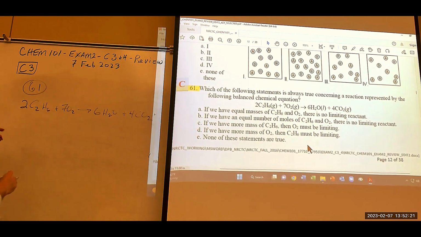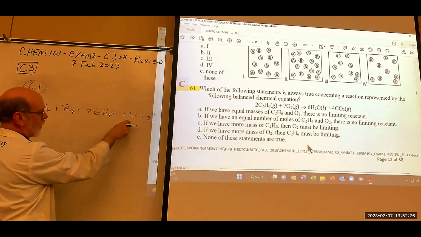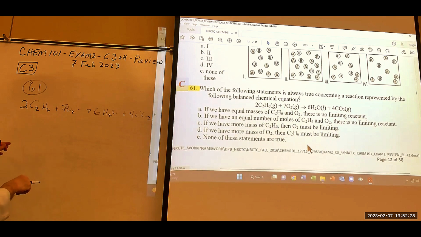So we know the number ratios or the mole ratios are 2, 7, 6, and 4. Mass ratios would be the molar mass of this times 2. That's how you get the mass ratios for this reaction. If you were doing a stoichiometric ratio, 32 times 2. I'm sorry, so C2 times 2.